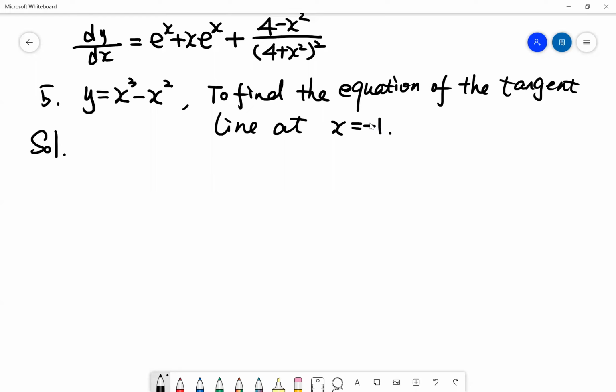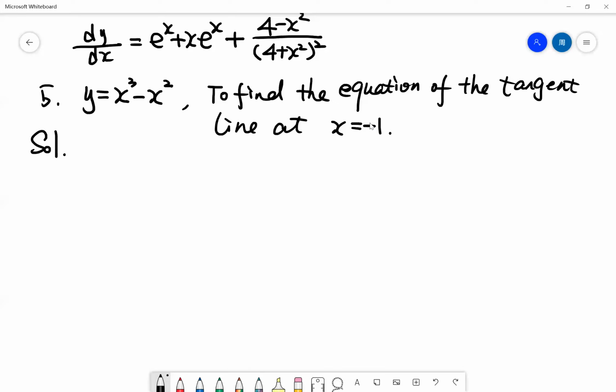So first you should know that if I want to get the equation of the tangent line, I should know the tangent slope, the slope of this line, right? So how to get the slope? The geometric meaning of the derivative is the tangent slope at this point.